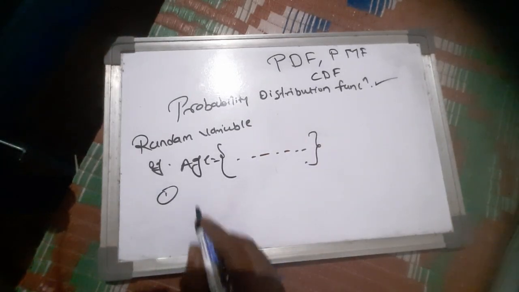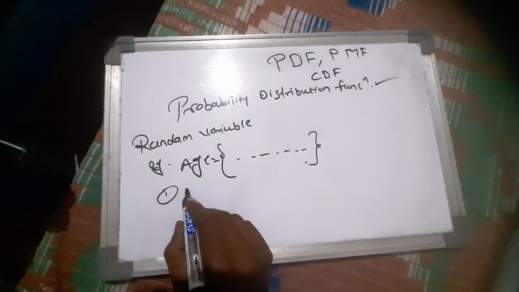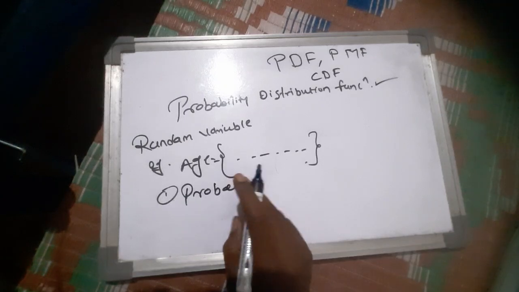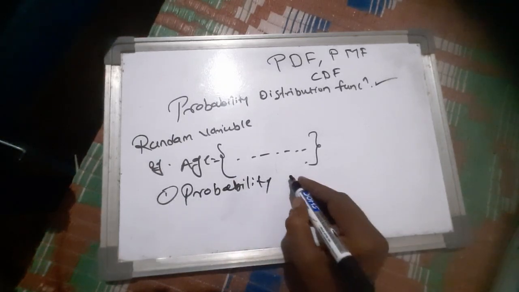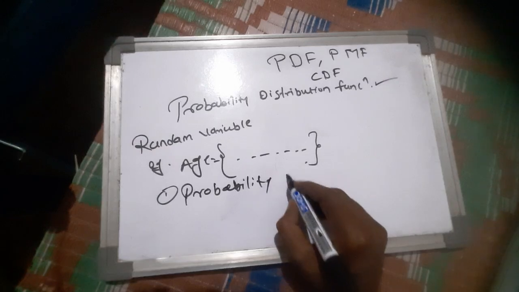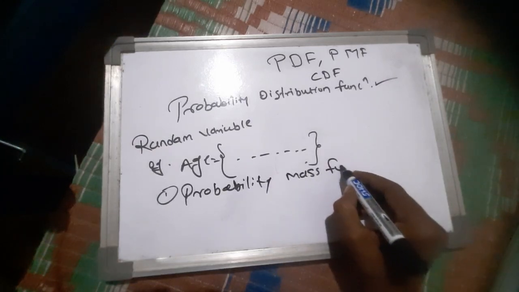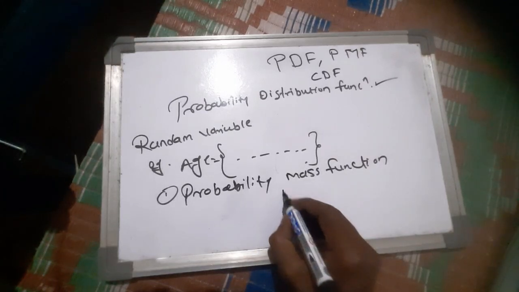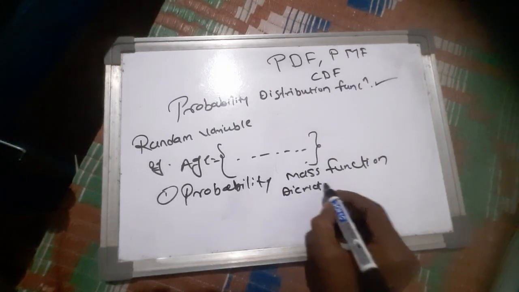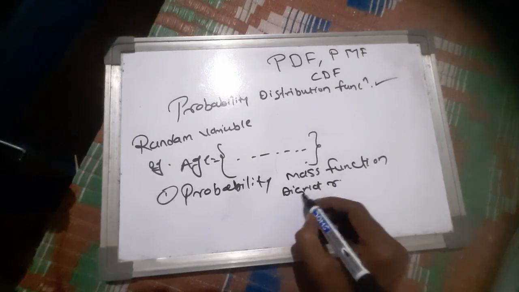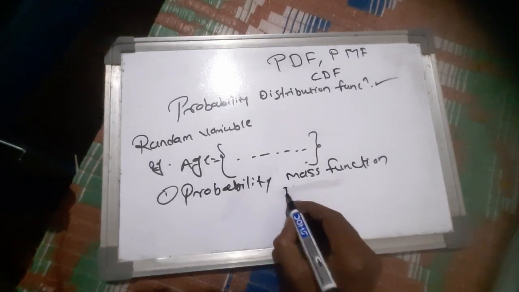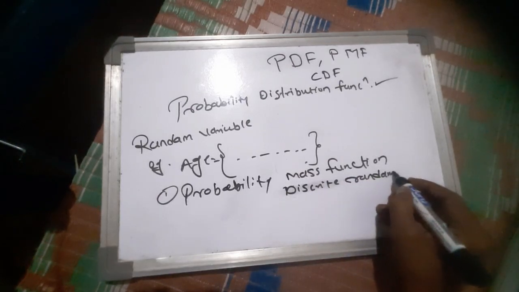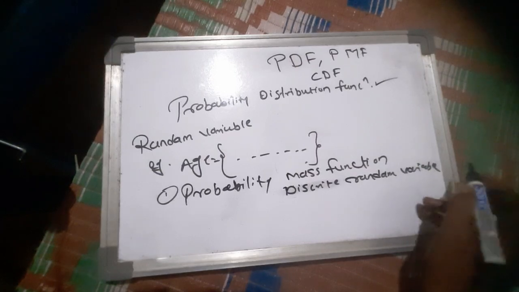The first one is the probability mass function, and it's used for a discrete random variable. The probability mass function, nothing but PMF, is used for a discrete random variable, right?